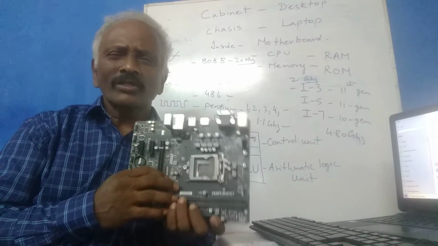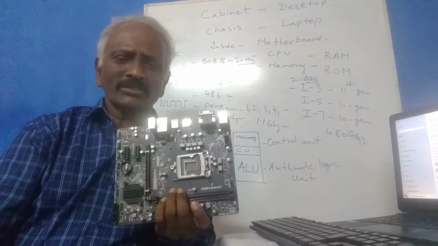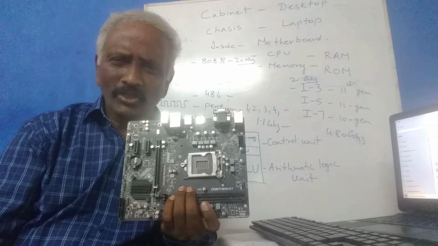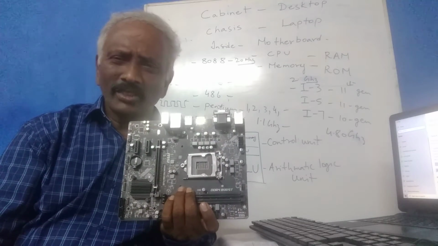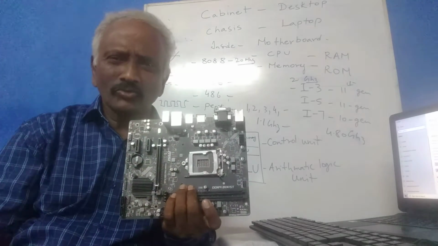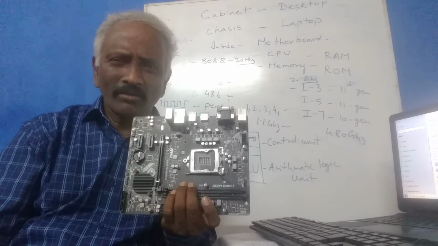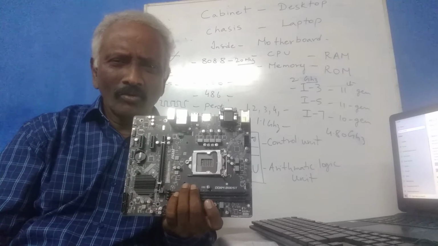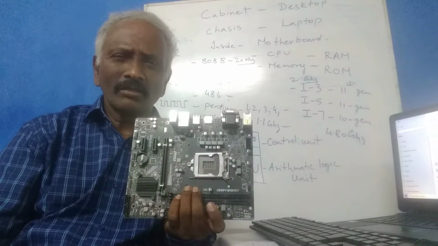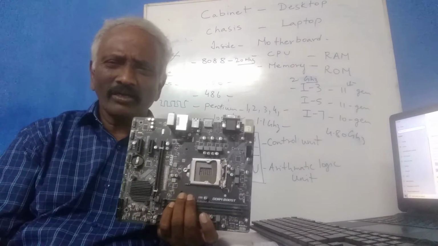Okay. So what are the types of processors available? You have an Intel processor as well as an AMD processor. AMD is nothing but Advanced Micro Devices. Intel is a separate company. So these companies are two different manufacturers of CPUs. So what's the difference? Both are similar, nothing much different.